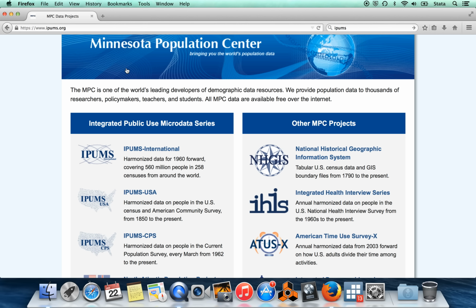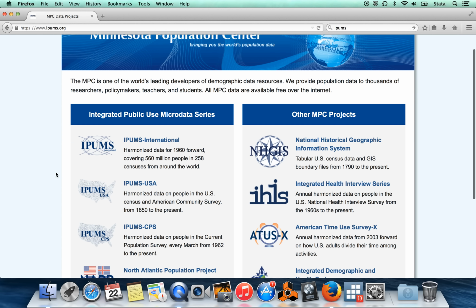The only downside of IPUMS is that the data which they have here is public use microdata. Public use means anyone can hop on here and download this data. And so, of course, because of privacy concerns, IPUMS can't carry all of the data which the census collects.